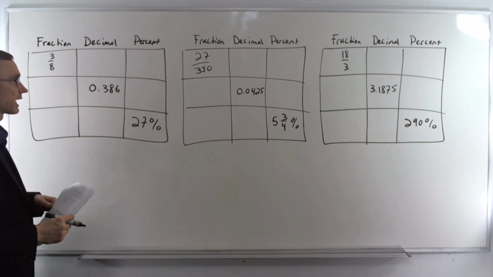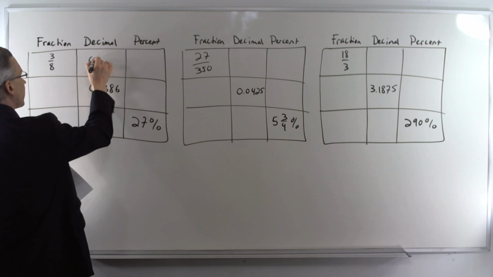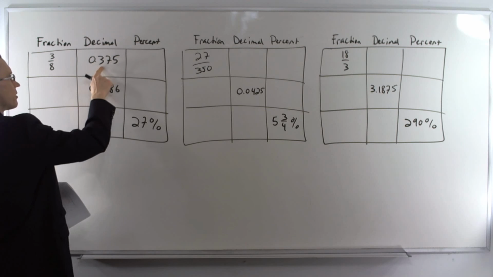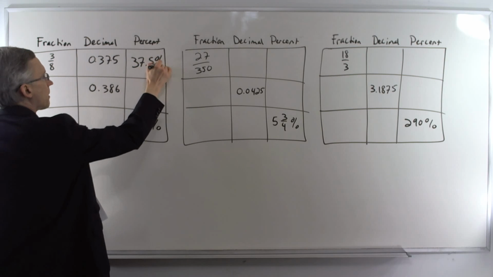All right, first one, in the calculator, divide 3 divided by 8, get 0.375. If you get a percent, take that decimal, move it 2 to the right, and we have 37.5%.